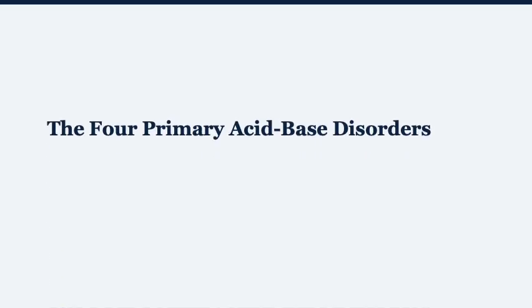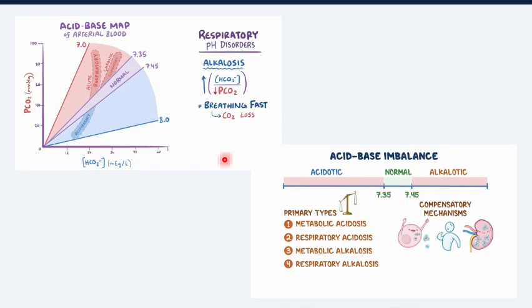So next, we're going to talk about the 4 primary acid-base disorders in a little bit more detail. This is 2 different little diagrams. This one, the acid-base imbalance, just a cute little diagram, shows there's a balance that we're trying to keep. Normal pH is 7.35 to 7.45. Anything less than 7.35 is acidotic.